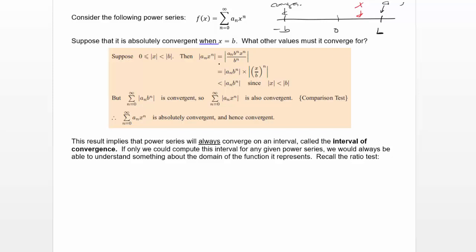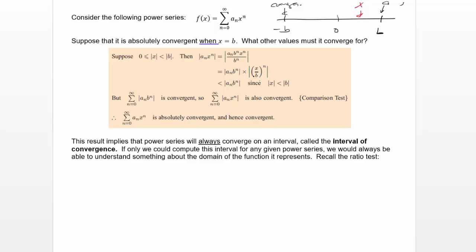The trick is I take this general series and think of a general term as the same term but multiplied by the endpoint b to the n divided by itself. Then with a little bit of algebra rearranging, I can show that this term is the same as a term when I plugged in b to the n times this term x divided by b.